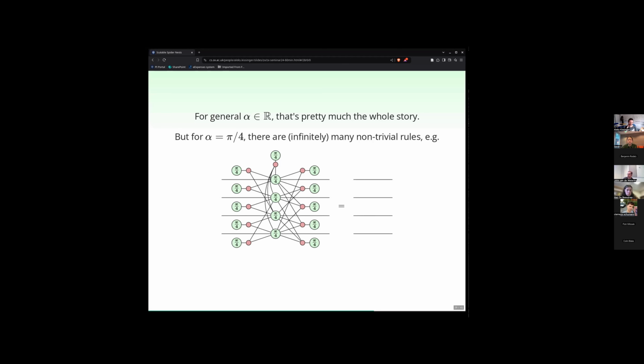Okay, so this is a non-trivial rule which doesn't follow from the rules of the Clifford ZX-calculus. Of course, it follows from the universal set of rules because of completeness. Okay, so these non-trivial rules are called spider nest identities.